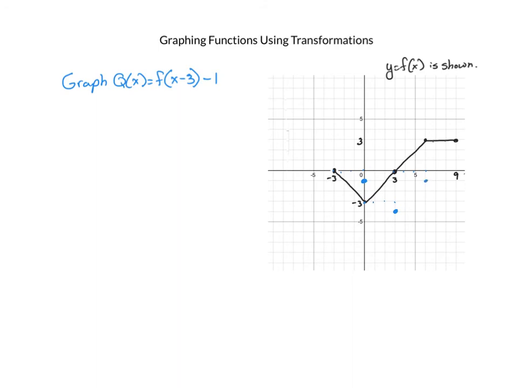Right 3, down 1. I wish I had my grid a little bit different. So right 3, down 1. And my graph looks like this, and it's complete.